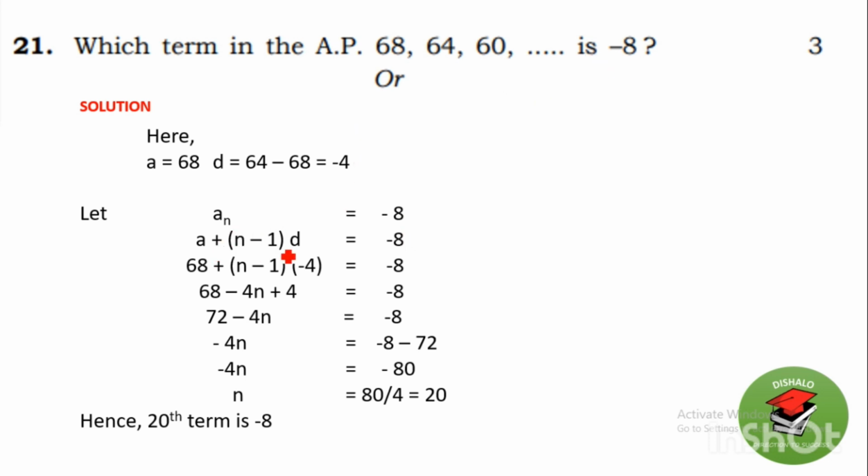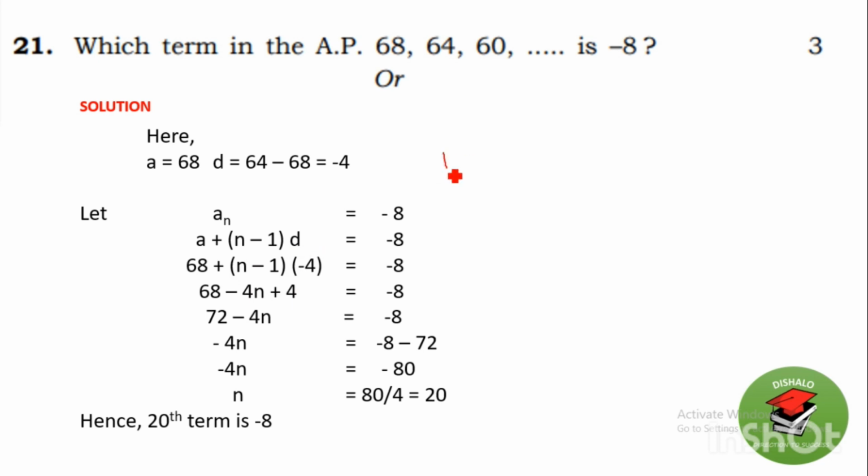So the AN formula is A plus (N minus 1) D. A is the first term, and D is minus 4. So 68 plus (N minus 1) into minus 4. Remember that this is a bracket.